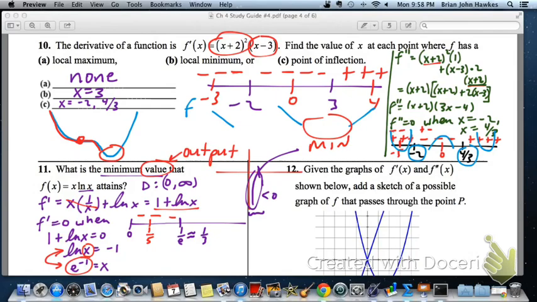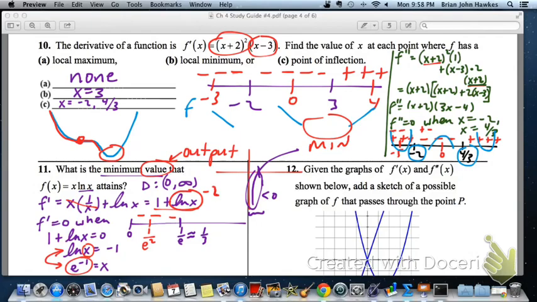Let's pick a better value than 1/5. Sorry. Let's pick a value like 1 over e to the second power, 1 over e squared. So when you replace x with 1 over e squared, that's e to the negative 2. Then ln of e to the negative 2 would be negative 2.